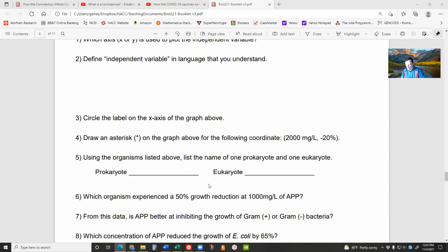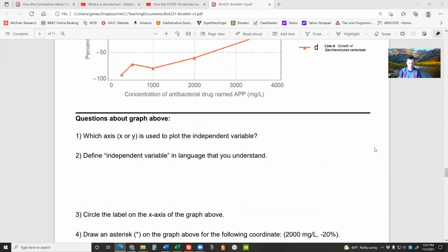So let's see here. Question number 4 is going to be very hard for me to get you to respond in some way. So tell you what, I'll give you the answer to question number 4 by drawing it on the screen in front of us here so we can see it, okay? Question number 4, draw an asterisk on the graph above for the following coordinate, 2000 mg per liter at minus 20%.